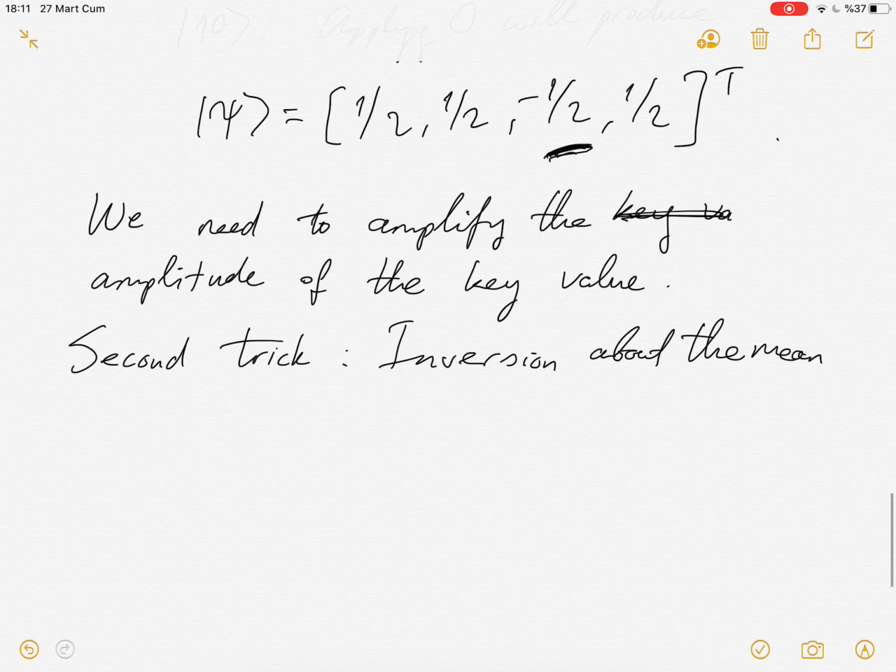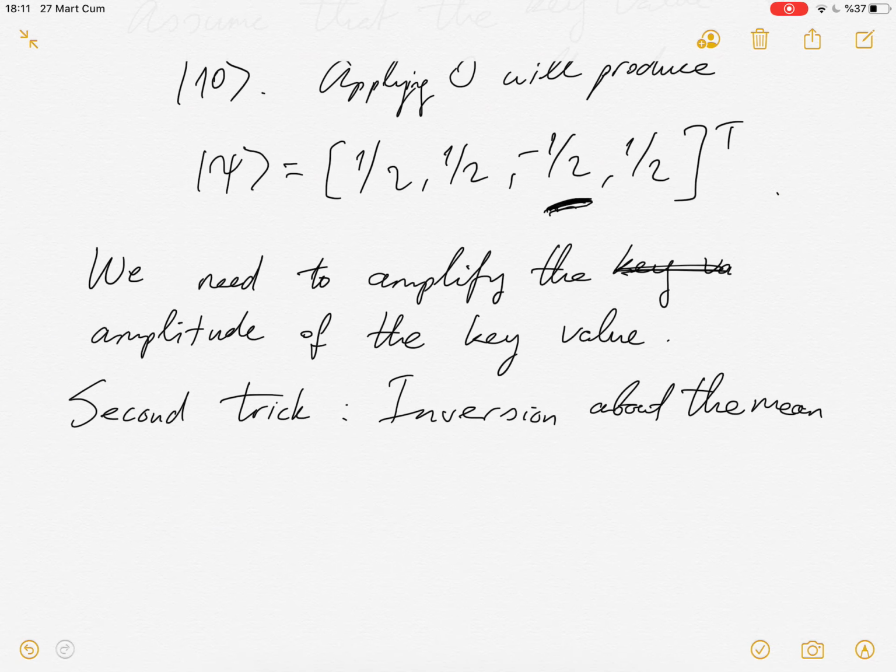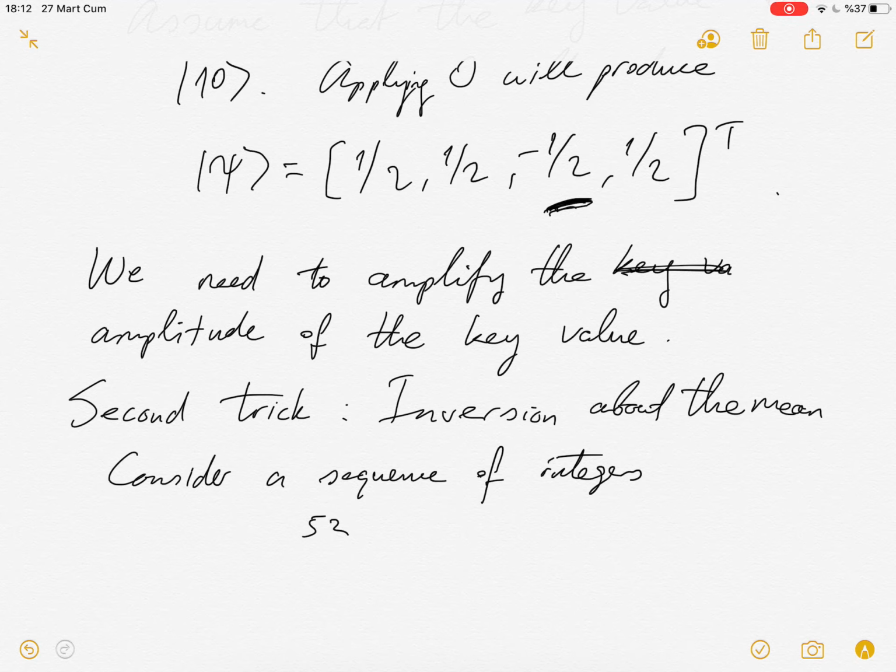So let's consider, for example, a sequence of integers, say 53, 38, 17, 23, and 79. The average of these numbers, let me denote it by mu, is equal to 42.